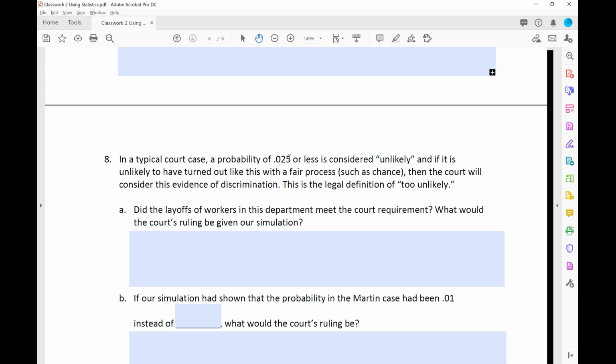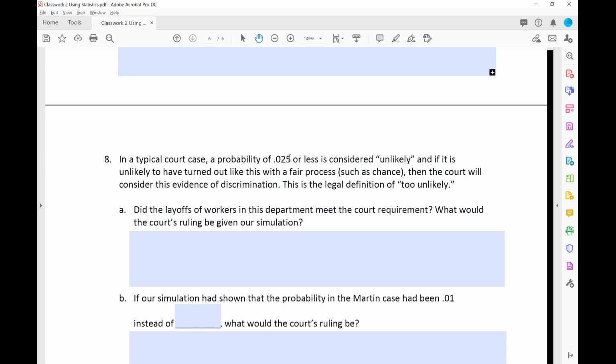And if it's unlikely to have turned out like this with a fair process, such as random chance, then the court will consider this evidence of discrimination. If it's 2.5% or less, that means it's unlikely. So this is the legal definition of too unlikely.